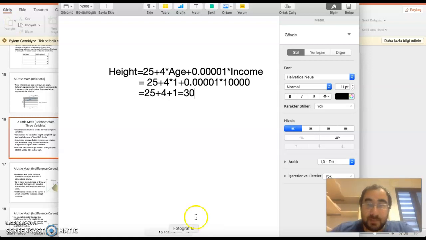So basically my relation relates any two numbers, age and income, to the height. Now, as an input, I need to provide two numbers to get my third, ultimate number. So this is the case of relations with three variables.